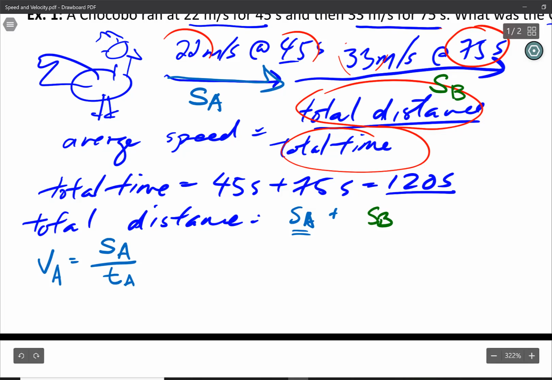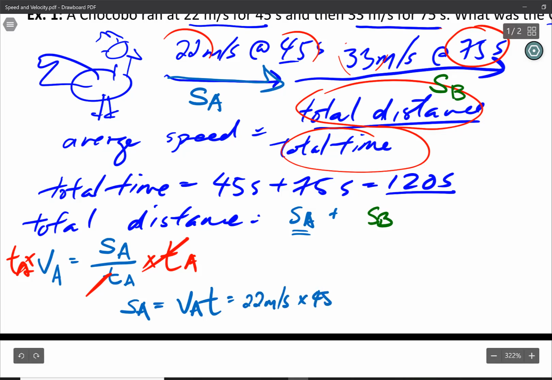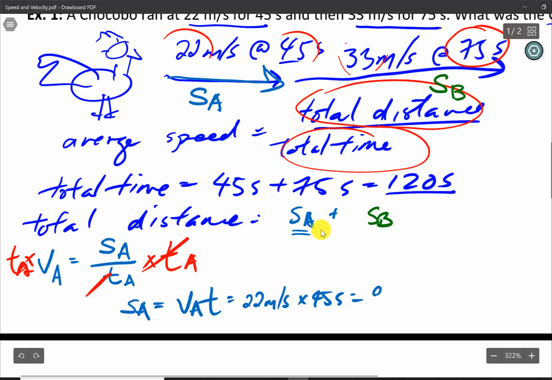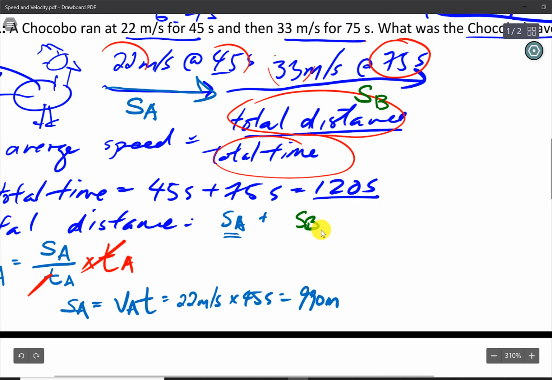If we rearrange this to get SA by itself, SA is equal to its speed times the time, and that is 22 meters per second times 45 seconds, which gives us 990 meters. And don't forget to save all of your digits.